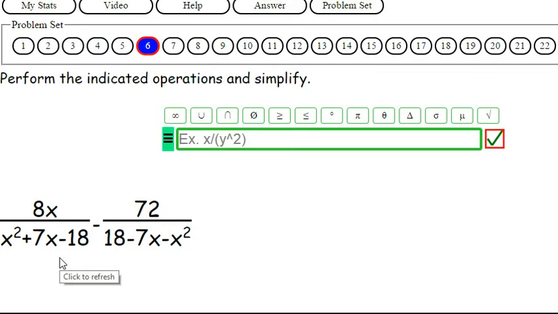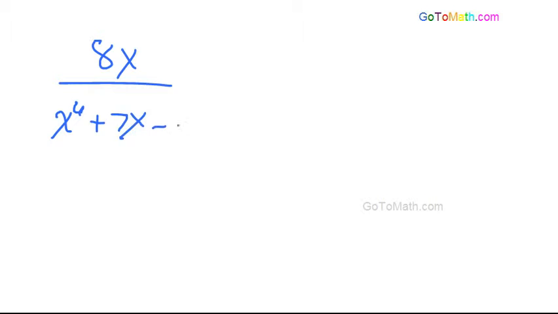Okay, so this one here's kind of tricky, and tricks are for kids, right? Tricks are for rabbits, and the rabbit is about to come out and hide the egg. Alright, so we have 8x over x squared, 7x minus 18.